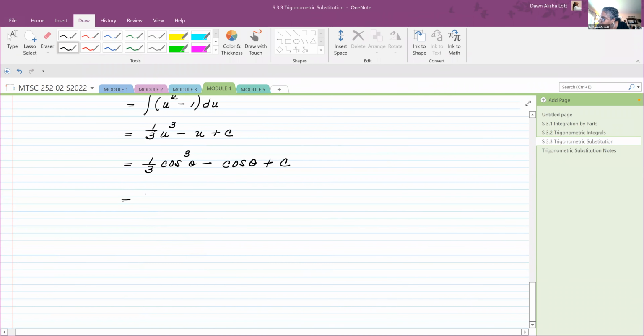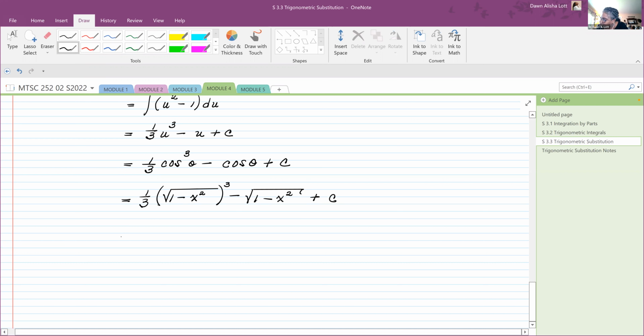So this is 1/3 the square root of 1 minus x squared, cubed, minus the square root of 1 minus x squared, plus a constant.